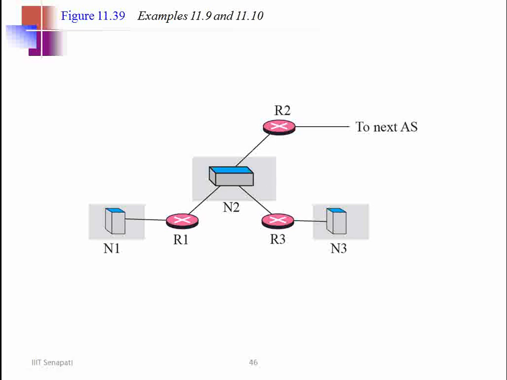It looks like all of the routers will advertise router link LSA. R1 has 2 links, N1, N2. R3 also has 2 links, N2 and N3. R2 has 1 link, N1. R2 has N2, right? Okay. So all of them will have router link LSA.